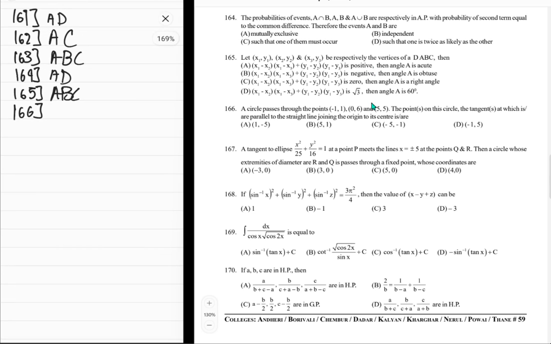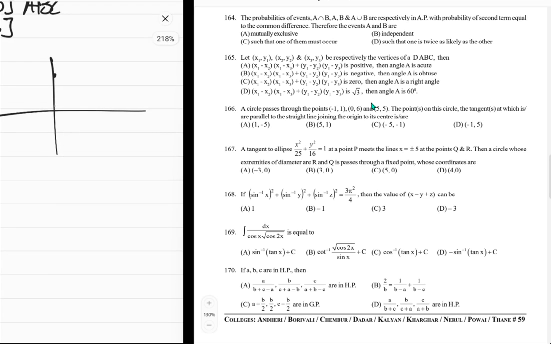Try graphing this, yaar. 0,6, something like that. 5,5, like this maybe. And negative 1,1, somewhere over there. I'm guessing this will be 90 degrees at 0,6, but let's try it out.